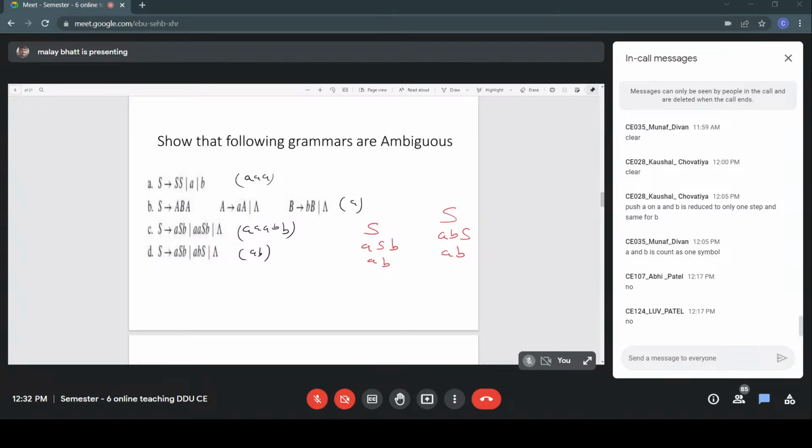We have A, S, and we have A. This is one option. The second option is I will replace S with SS. Again, I will replace the first S with SS. Now I will put one by one: replace S with A.